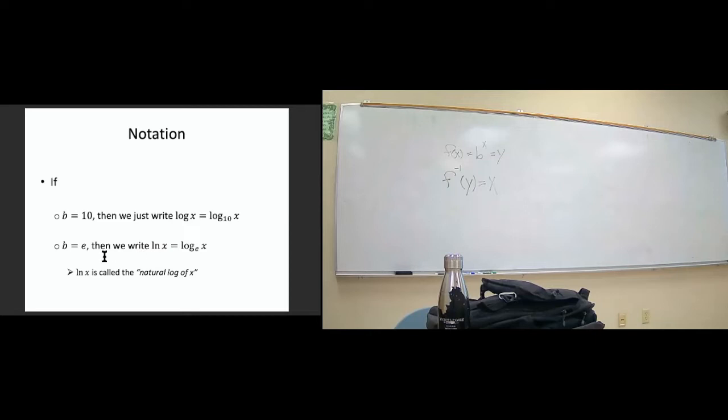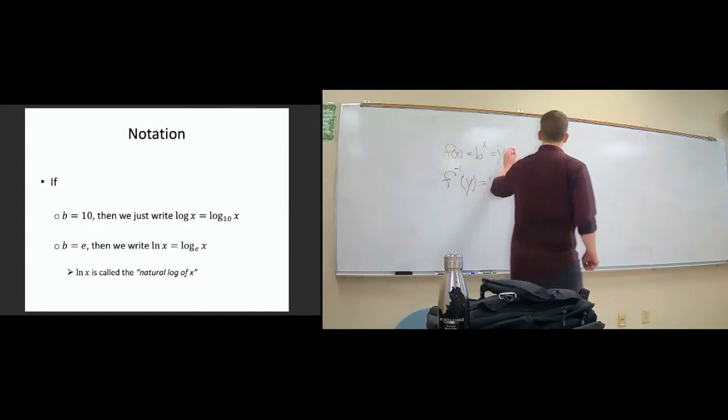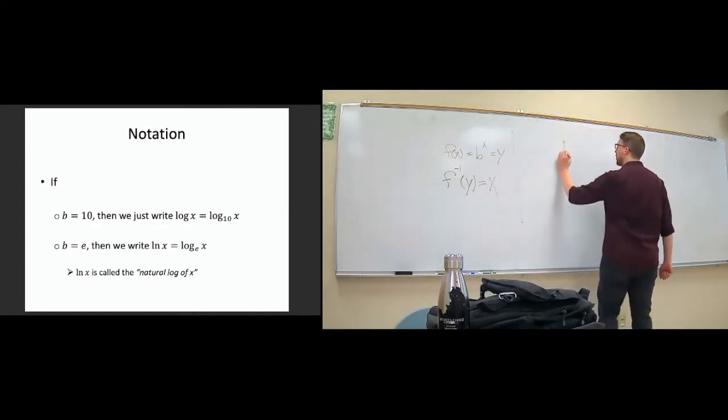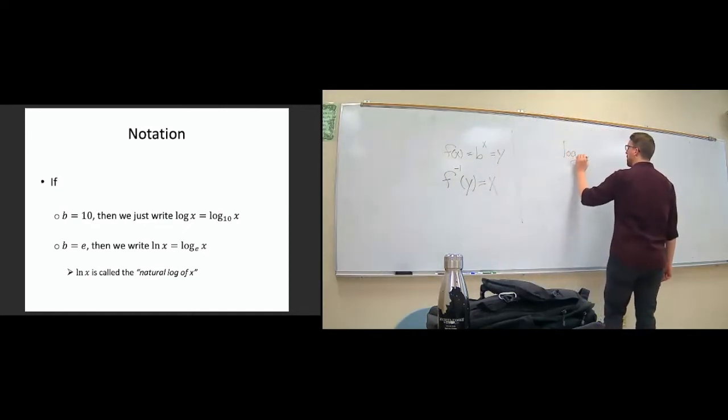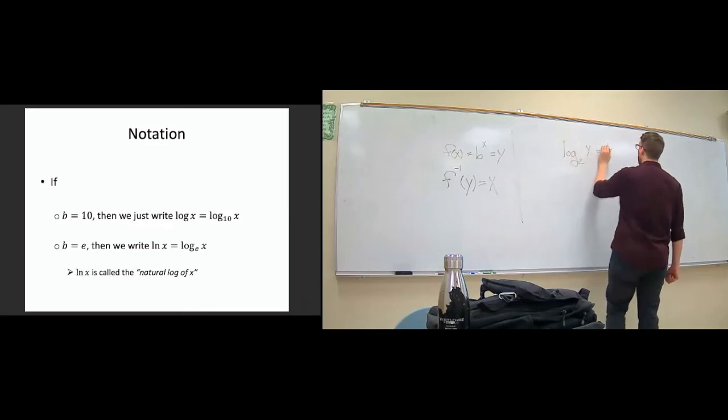Now, having said that, there's some notation that we need to take into account. If our base is equal to 10, we usually just write log of x. And if our base is e, we just write the ln of x. So for the rest of the numbers, let's say log base 2 of y is equal to x.